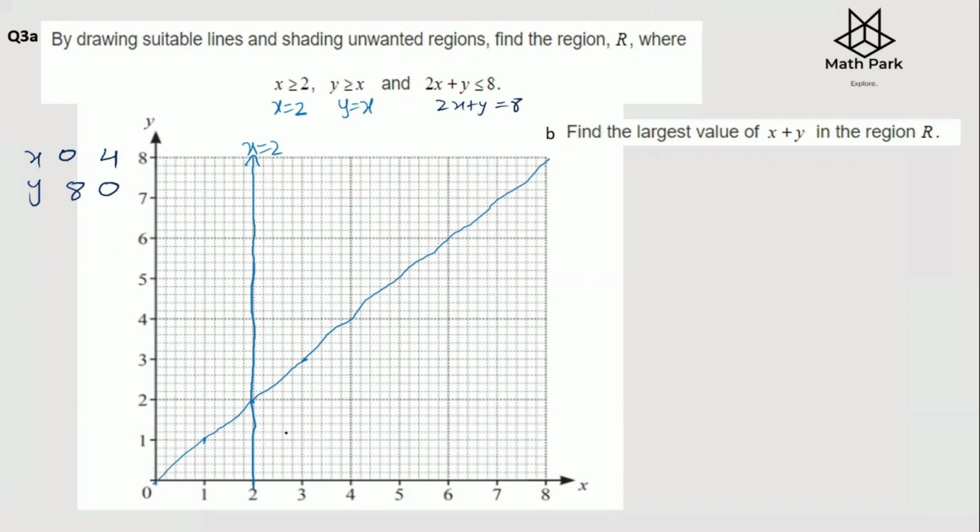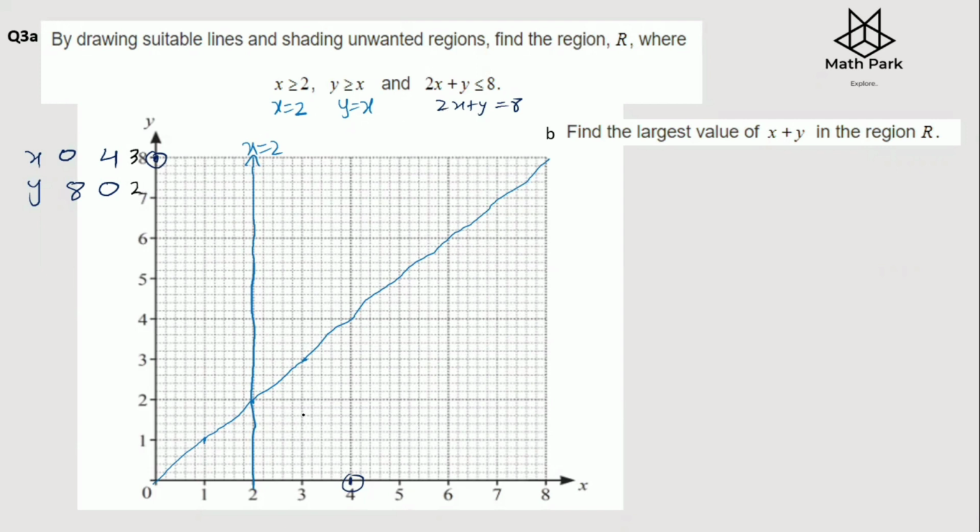Plotting these points, (0, 8) is this point. The next is (4, 0), so (4, 0) is this point. One more point let us take. If you put x is equal to 3, 3 times 2 is 6, so y is equal to 8 minus 6, which is 2.